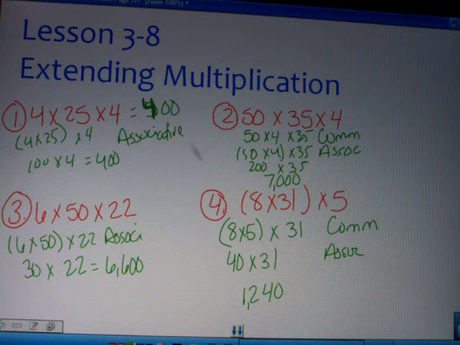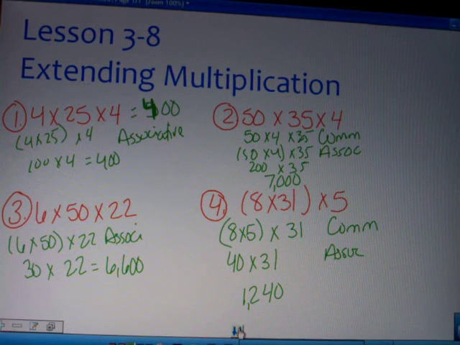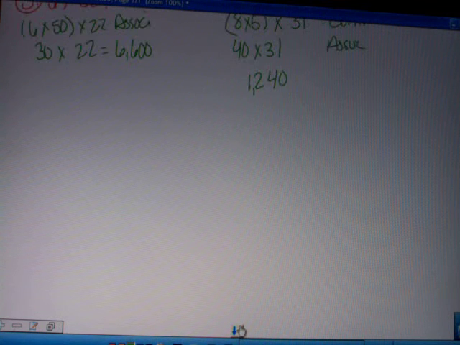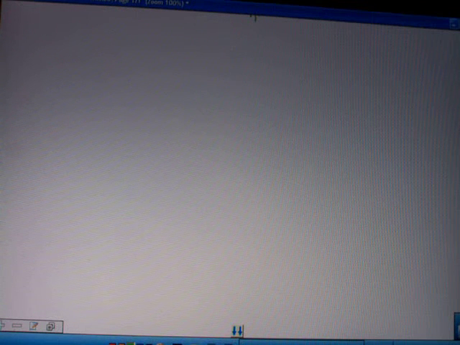Alright, so hopefully you remember how to use those multiplication properties to solve problems. So now today we're going to solve problems that have to deal with money or greater numbers.